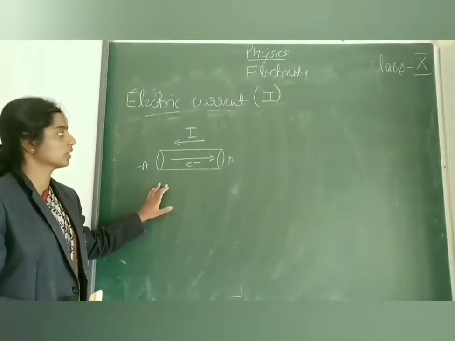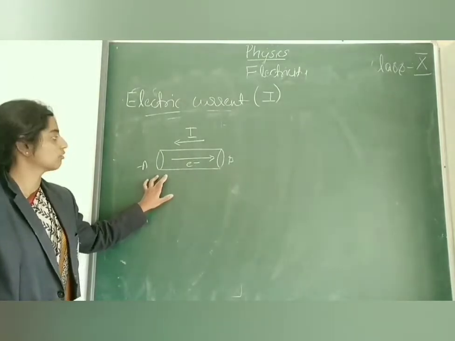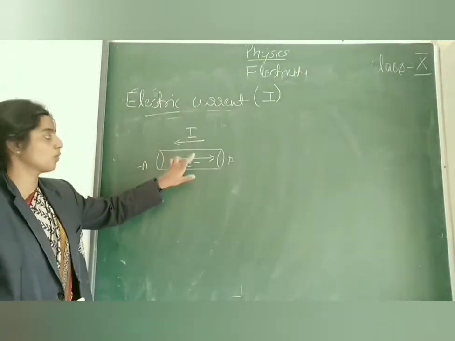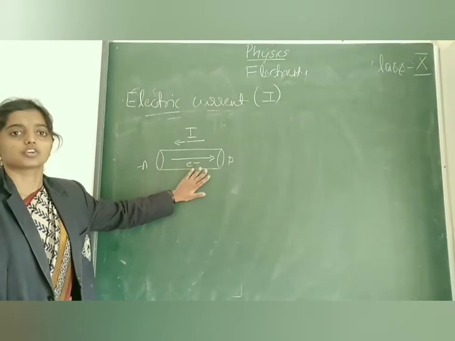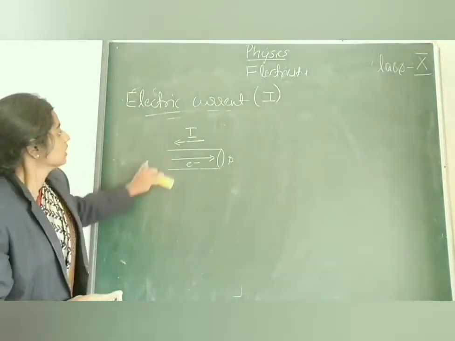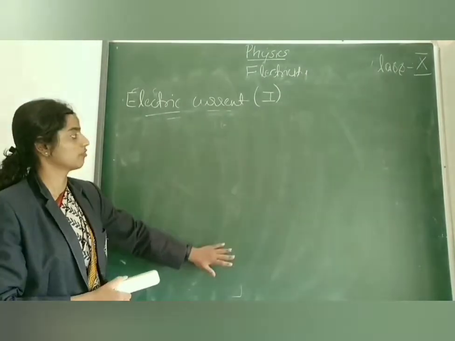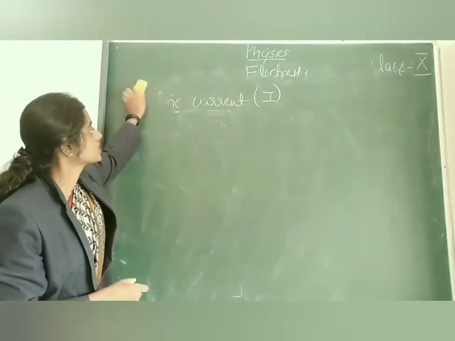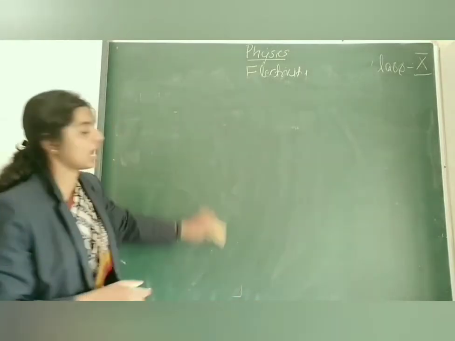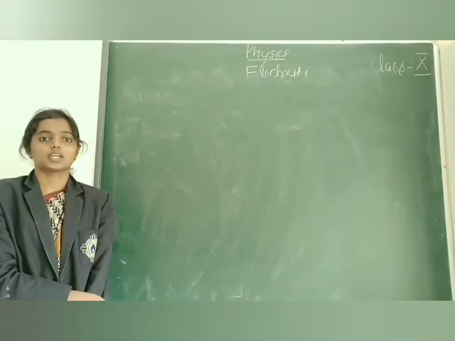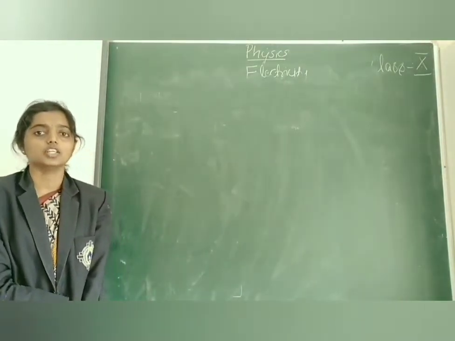So you need to remember, in an electric circuit the flow of current is opposite to the flow of electrons. So we learned the definition of current, its SI unit and formula, and that it is expressed in micro and milliampere. Our next topic is electric potential difference.